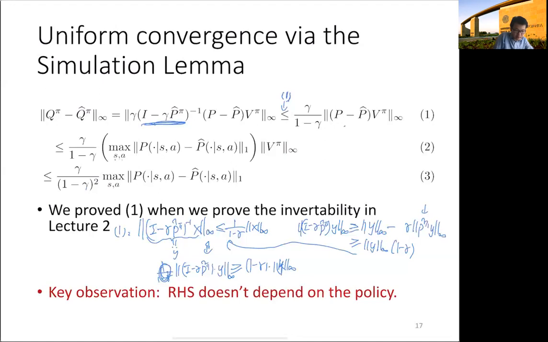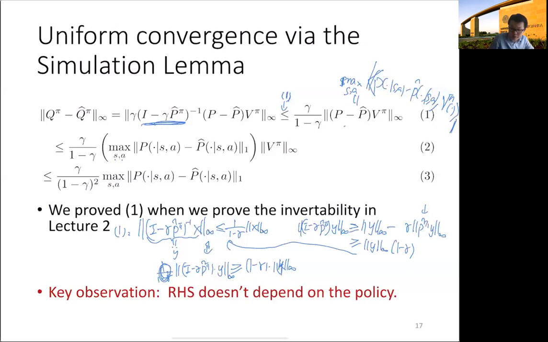We'll look at every coordinate (s, a) separately, and then this becomes the max over s, a of the inner product of P(s,a) minus P hat(s,a) with V pi, absolute value, right? So this is what the L infinity norm means by its definition, and then we can apply Holder's inequality.